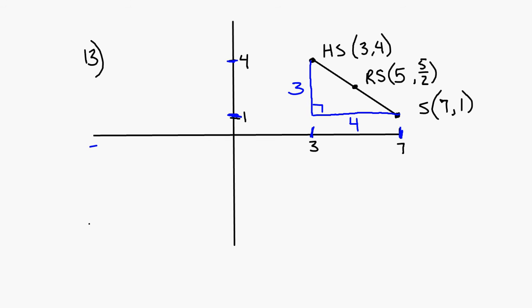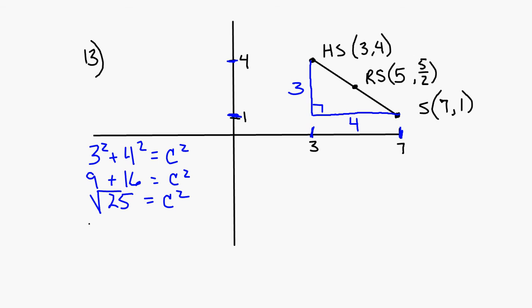So your math is 3 squared plus 4 squared equals c squared. So 9 plus 16 equals c squared. 25 equals c squared. If you find the square root of each side, then 5 is equal to c.